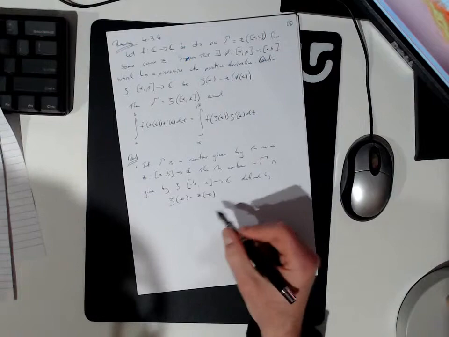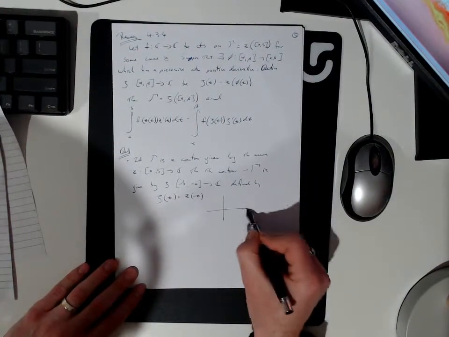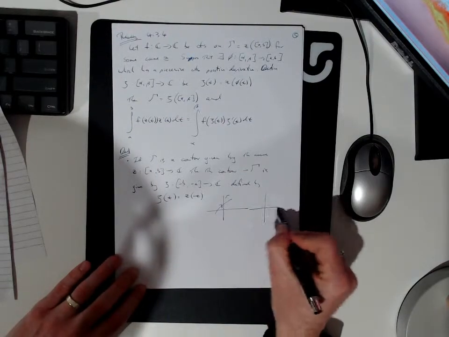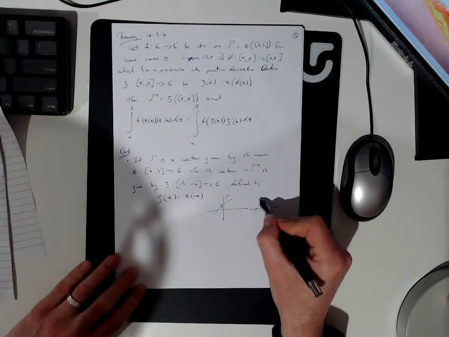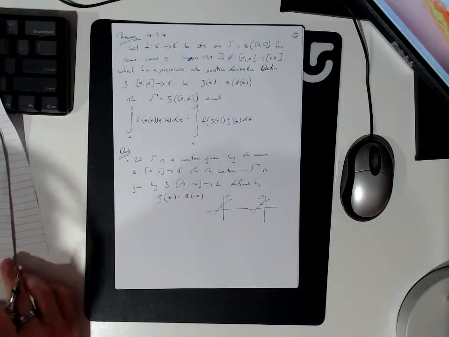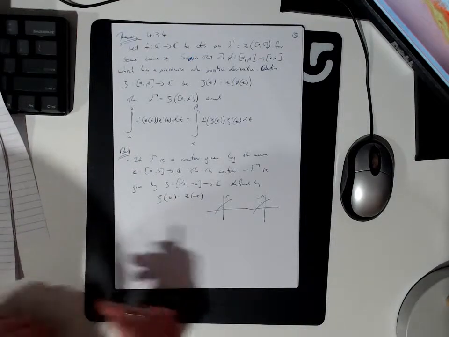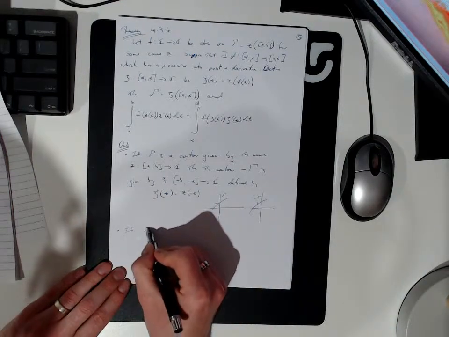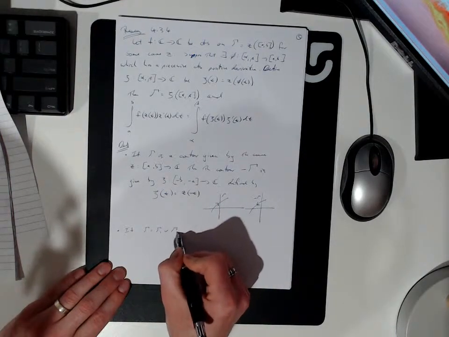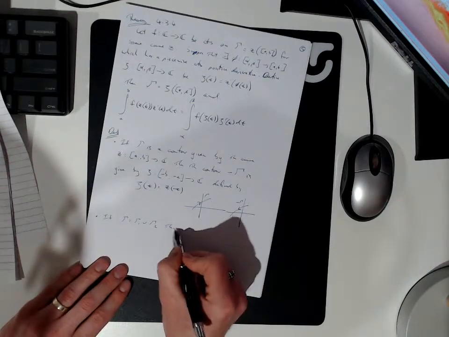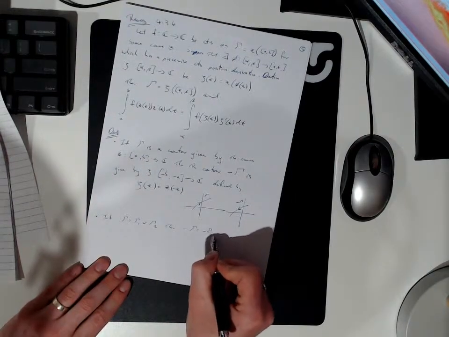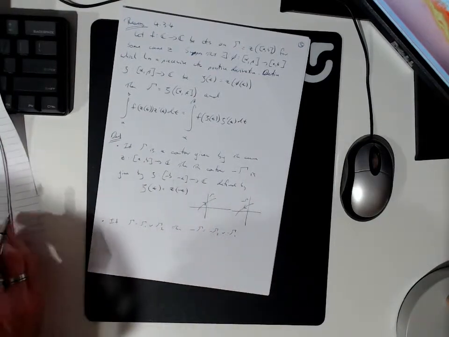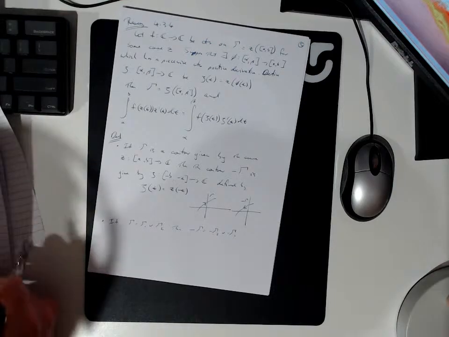So that just means we travel backwards along the curve. That's all we're doing, traveling backwards along the curve. If we have a contour gamma equal to gamma 1 union gamma 2, then minus gamma is equal to minus gamma 2 union minus gamma 1. And that's because we have to flip these around, because we have to change the start and end points.